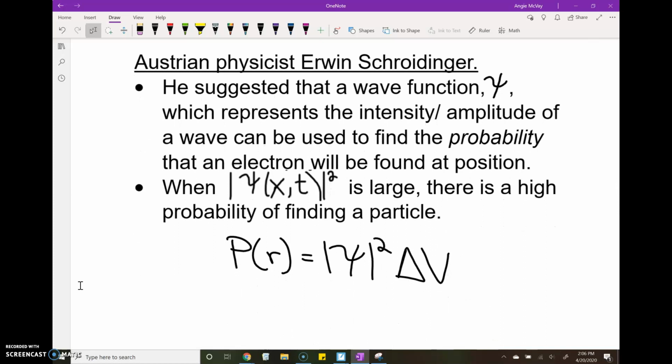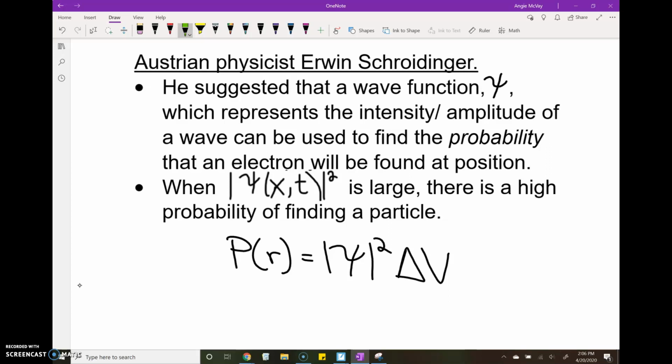He suggested a wave function, and this is its abbreviation right here, the Greek letter psi, which represents the intensity or amplitude of a wave, and that can be used to find the probability that an electron will be found at this position. This is called a wave function. It's a probability density of where a wave would be.